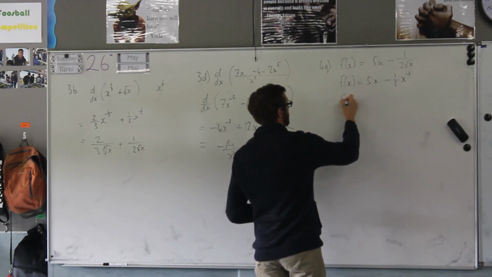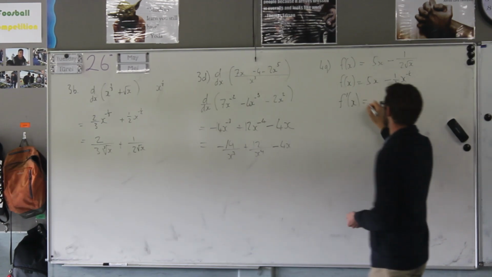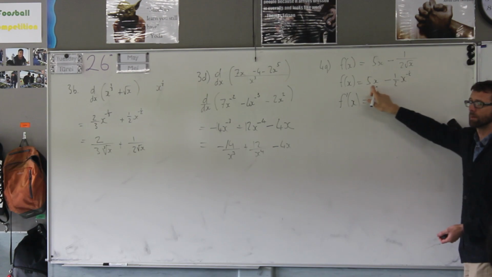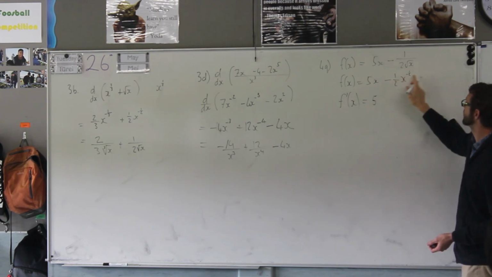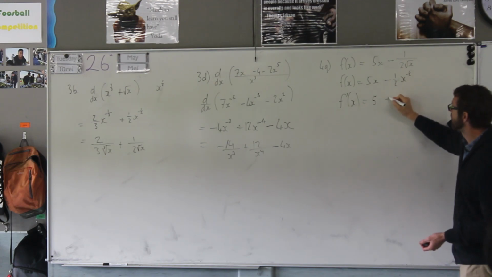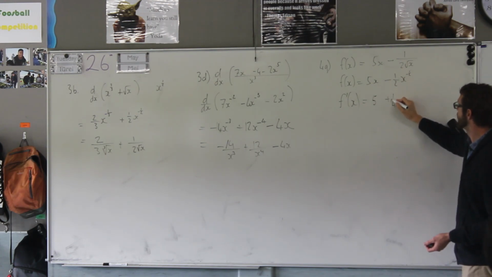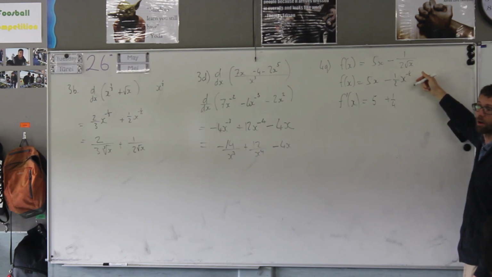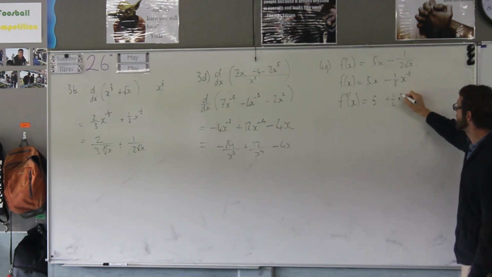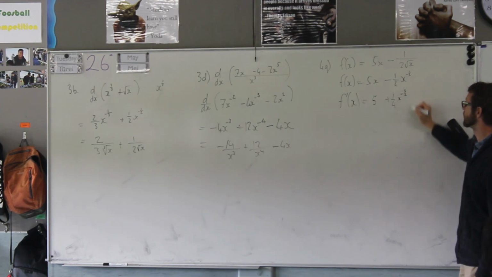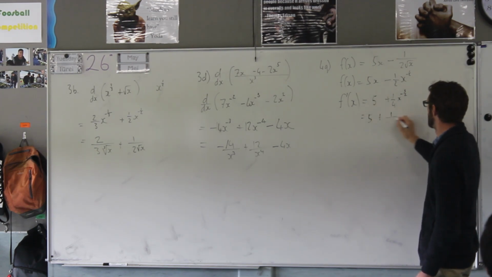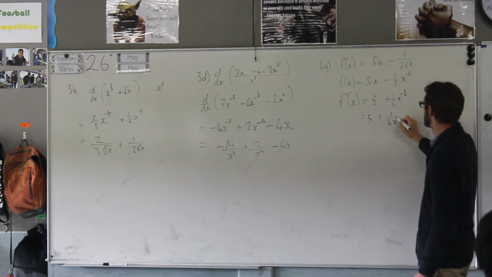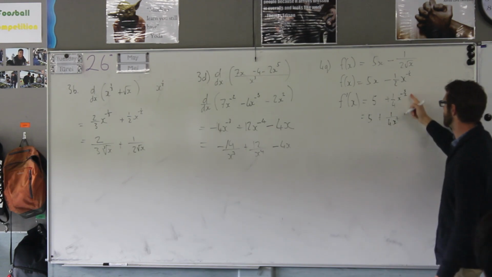And therefore f prime x is going to be, this one becomes 5, and this one, half times half, or negative half times negative, positive 1/4, and this drops down another whole, so we're subtracting 2 over 2, so it'll be x to the negative 3 over 2. And we might say, oh, this is like 5 plus 1 over 4 x to the 3 over 2. Or we could leave it at that.